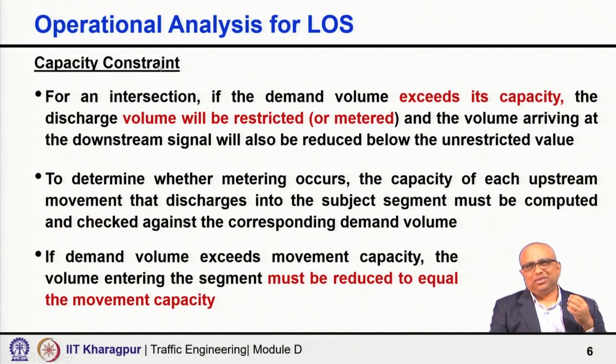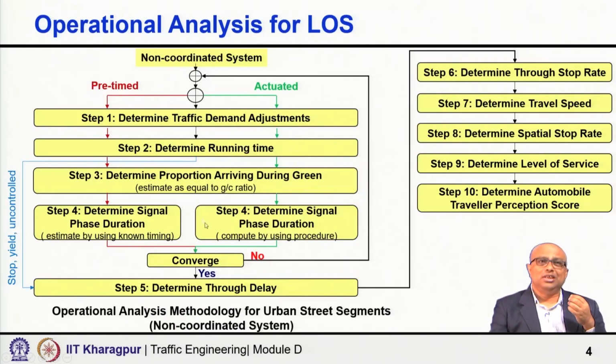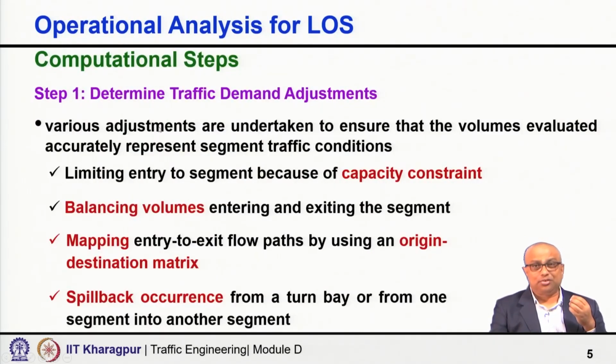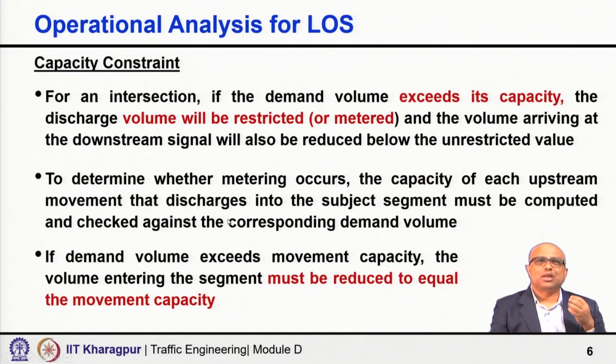First, taking the capacity constraint, why we need to do some kind of adjustment related to it. For an intersection, when the demand is more than its capacity for any approach, what is the discharge volume? That discharge volume will be restricted.